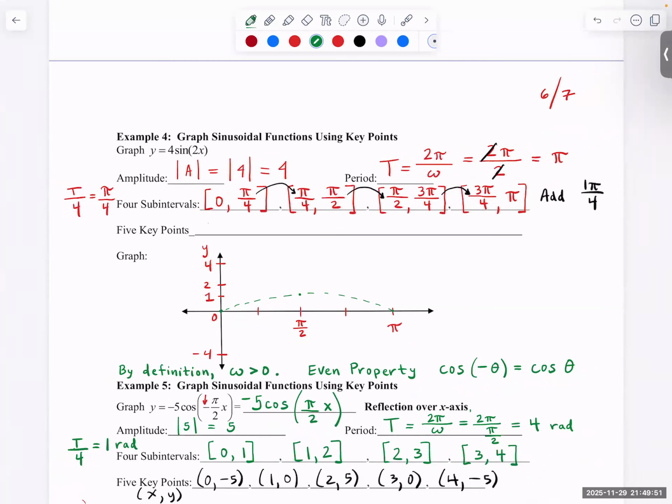Now, 4 times sine of 2x is going to complete one cycle from 0 to pi. The 5 key points will occur at angles of 0 radians, and the next key point will occur at an angle of pi over 4 radians.